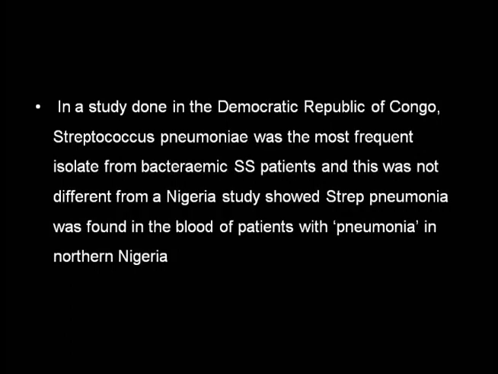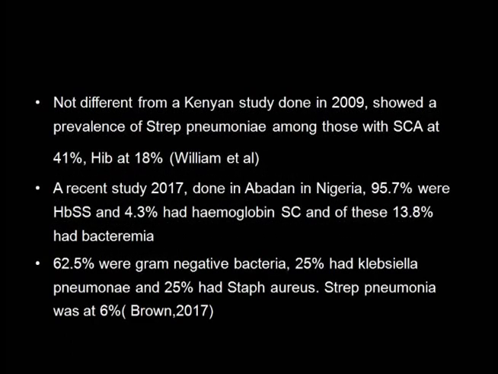But a study that was done in Kenya in 2009 showed the prevalence of Strep pneumoniae among those with sickle cell anemia at 41%, and H. influenzae at 18%. That was according to a study by William et al.